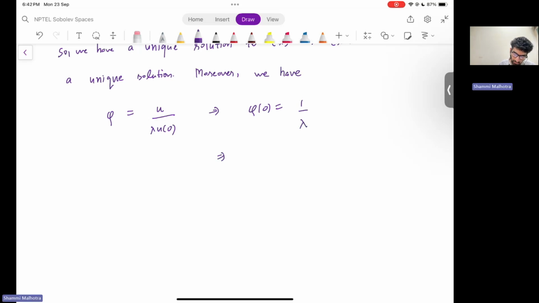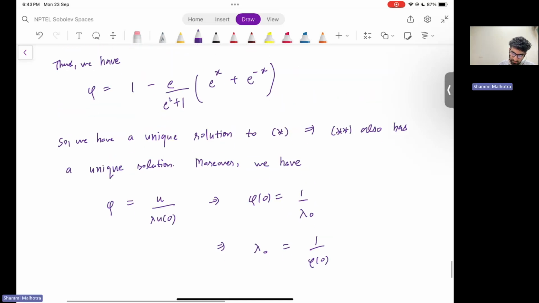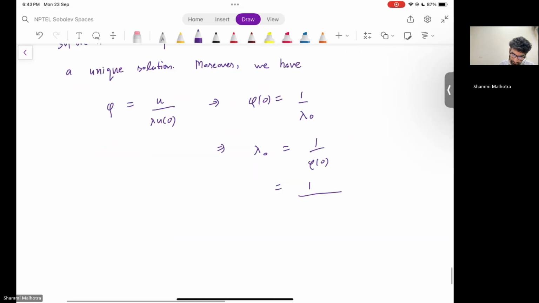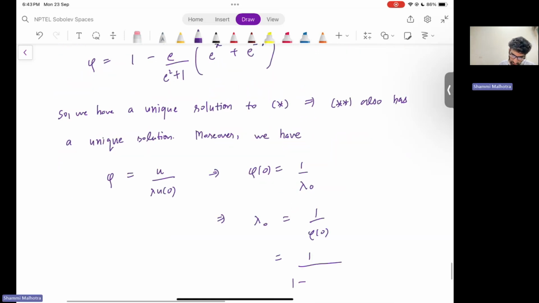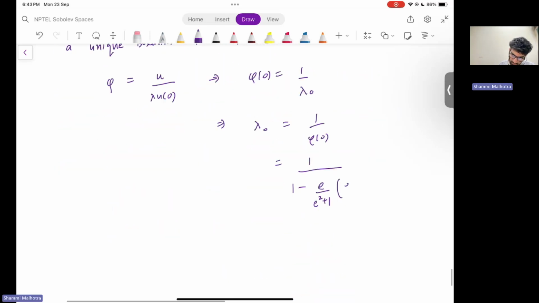In fact, let's name it lambda naught. This is equal to 1 upon phi 0, and phi 0 is nothing but 1 upon 1 minus 2 over e square plus 1.